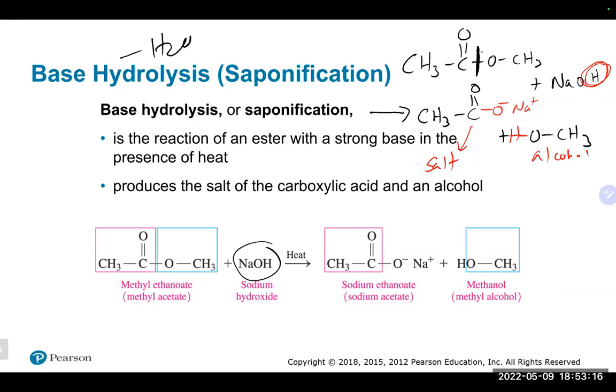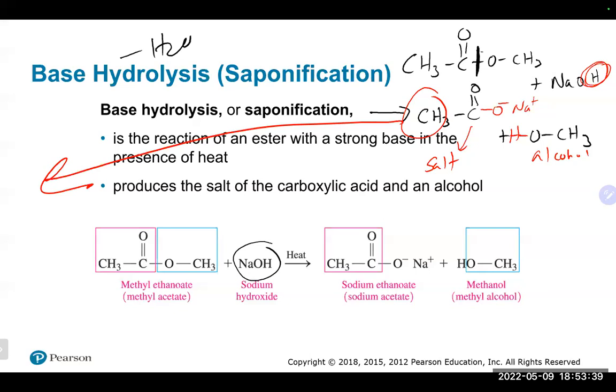It's basically how soap is made, except soap has a lot more carbons and hydrogens, a big chain of carbons and hydrogens. So by using a base, we don't get the acid back, but we do make the salt. And we'll talk about soap in a later chapter as well.